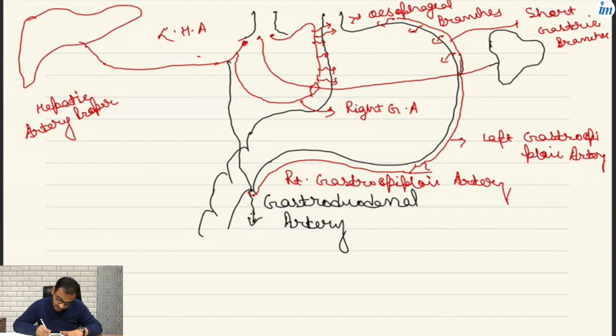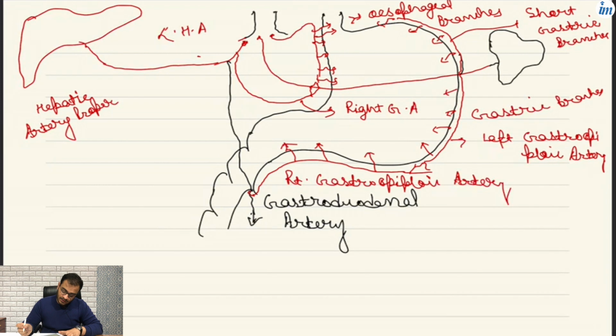And the right gastroepiploic and left gastroepiploic also give supply by gastric branches. The left gastric artery also gives gastric branches.